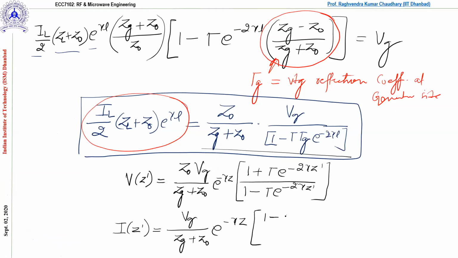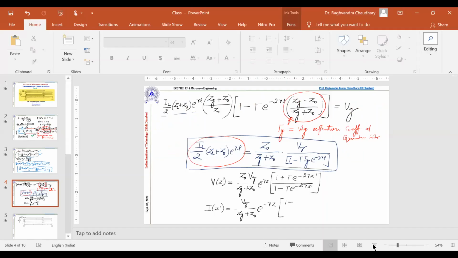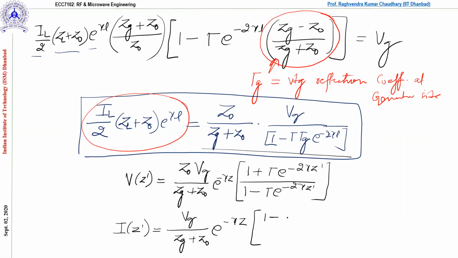So this is 1 minus gamma e to the power minus 2 gamma z dash divided by 1 minus gamma G gamma L e to the power minus 2 gamma L. Yes, this is fine.